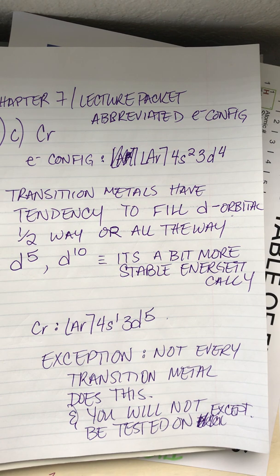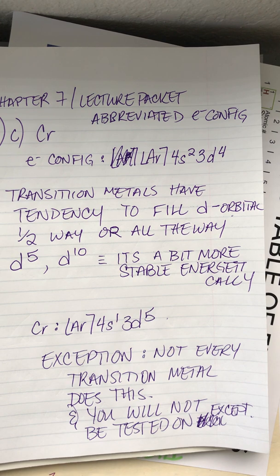And what you'll see is that some of the elements do this and some of them don't. The farther down you get in terms of rows, the closer together the s, d, and p orbitals in that row will be in energy. And so you get some weird electron behaviors happening because of that.